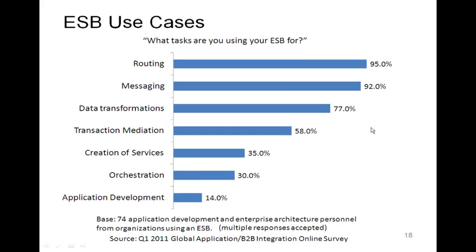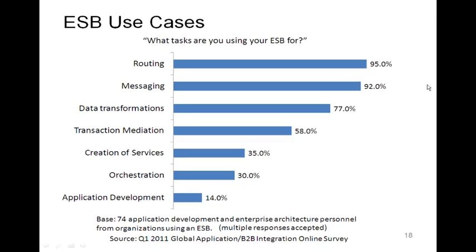This chart asks specifically, okay, a lot of people are using an ESB. What are you using it for? And this was a subset of the previous slide. Of this group, 74 of the previous 167 were actually using an ESB already. So those are the ones we asked to respond. What are you using it for?